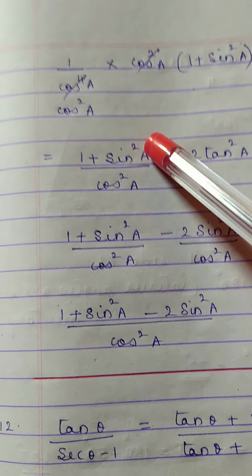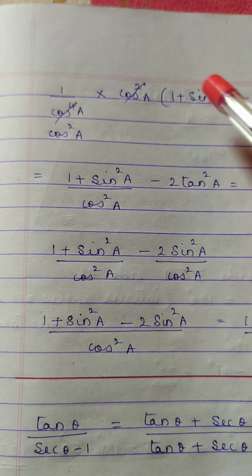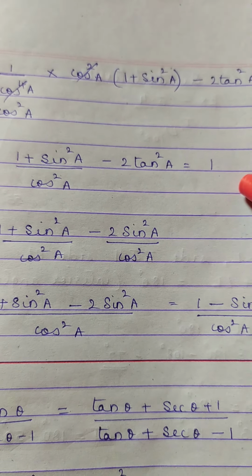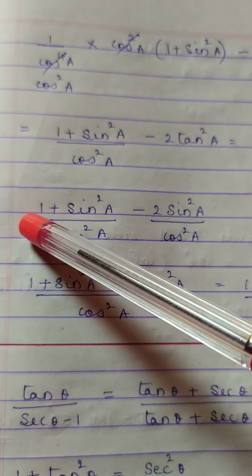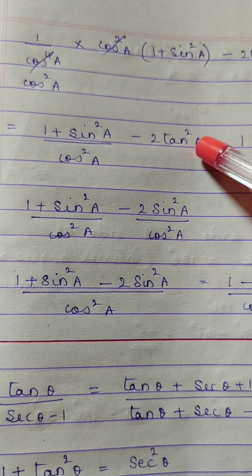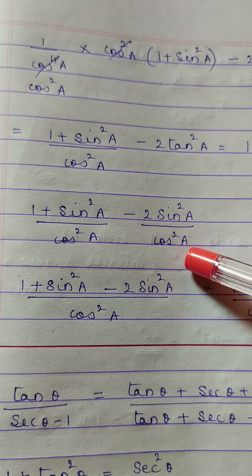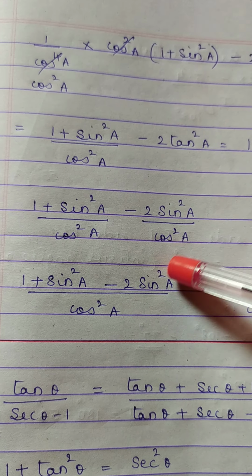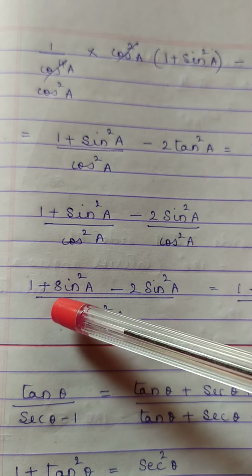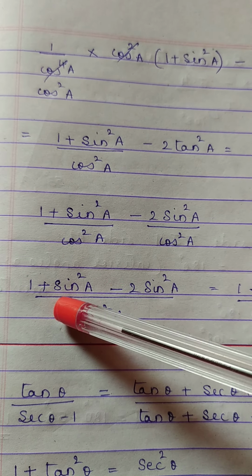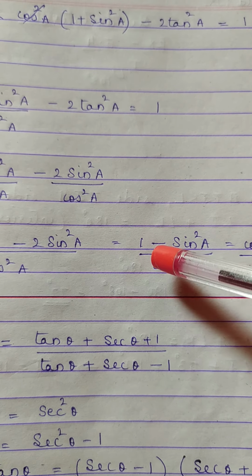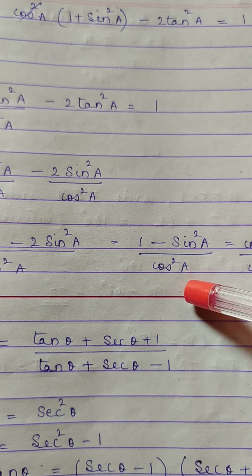Now 1 plus sin square a upon this cos square a minus 2 tan square a, we have to prove it equal to 1. 1 plus sin square a upon cos square a minus 2 tan square a is written as sin square by cos square. Cos square a is your denominator, leave it as it is, write the numerator as it is given. 1 plus 1 sin square a minus 2 sin square a. 1 minus 2 is minus 1. So I get 1 minus sin square a by cos square a.